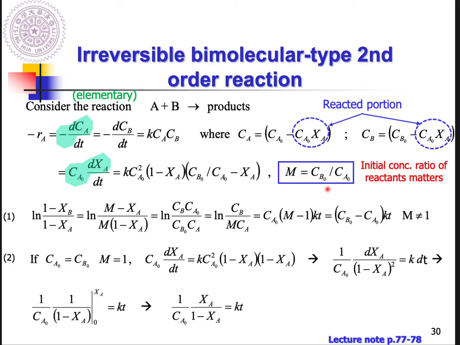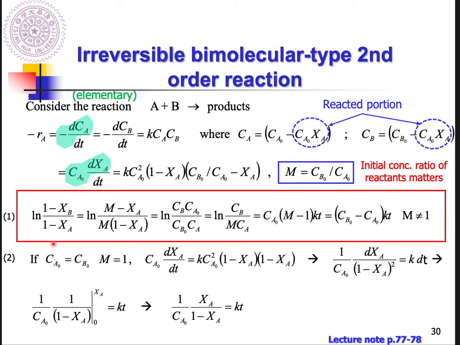The first one is if M is not equal to 1, that means the initial concentrations of reactants B and A are not the same. In this case, we will leave the M here, right? So we also need to move dt to the right-hand side and take the integral.